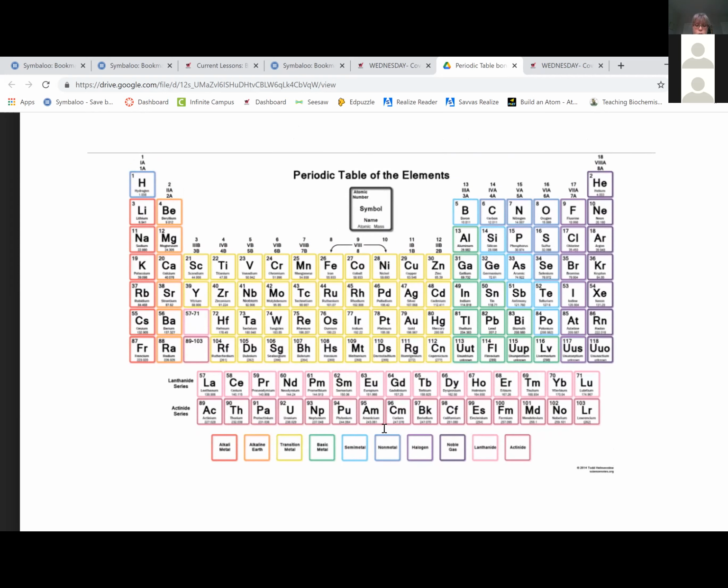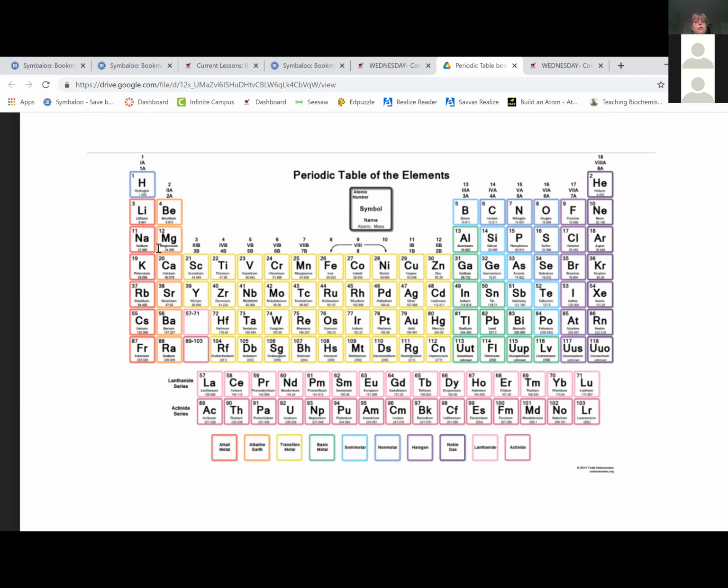Now, I want to show you, these over here are metals. Metals are going to bond with non-metals to make ionic bonds. The metals are going to give up an electron, and the non-metals are going to take the electron.